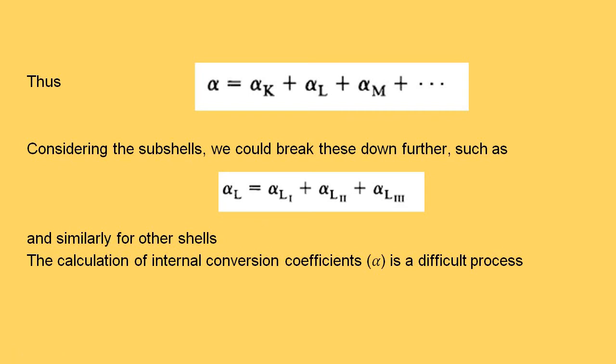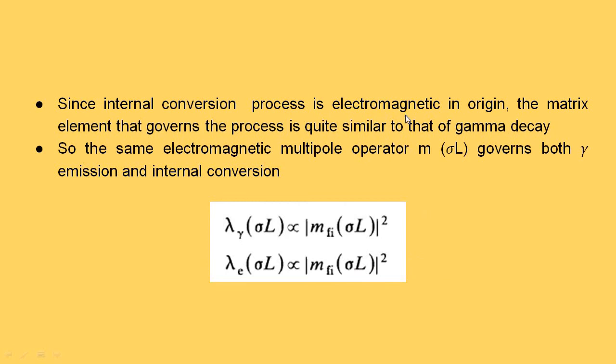The calculation of internal conversion coefficients is a difficult process. Since the internal conversion process is electromagnetic in origin, the matrix element that governs the process is quite similar to that of gamma. That is a comparison. Your gamma decay is electromagnetic in nature, so this is also electromagnetic in nature.